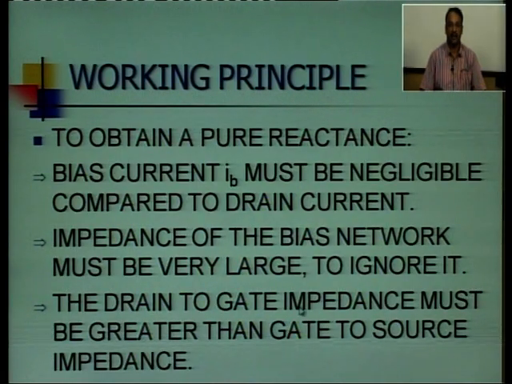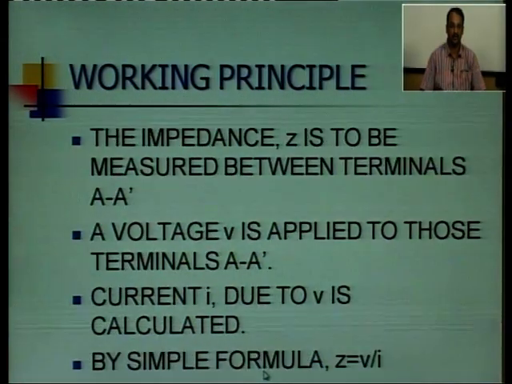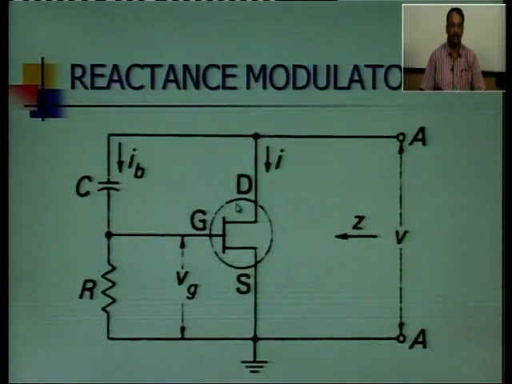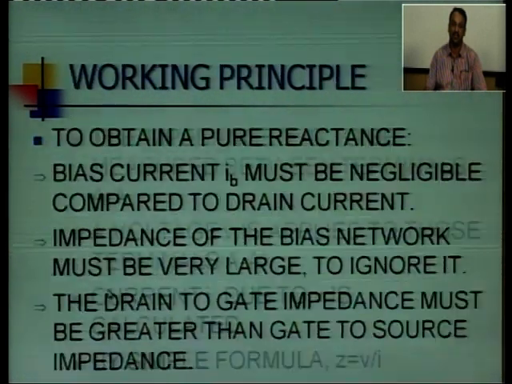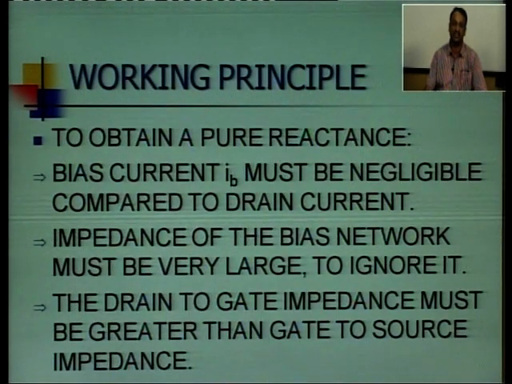The drain to gate impedance must be greater than the gate to source impedance. So the drain to gate impedance, that is XC, must be greater than the gate to source impedance R. As assumed, XC must be greater than 5 times R.